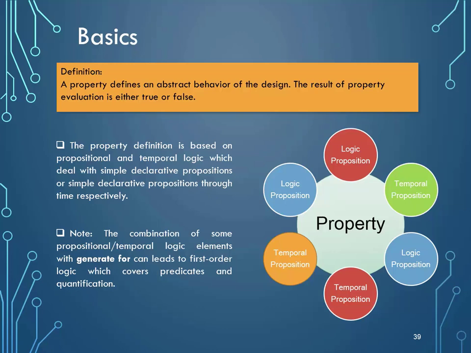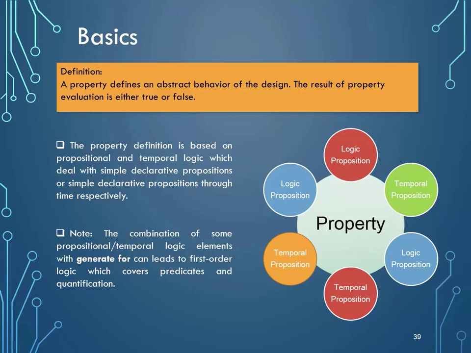So property definition is based on propositional and temporal logic, which deal with simple declarative propositions through time respectively. What we have to keep in mind out of this definition is that we used propositional and temporal logic, okay, which will help us to define the implications of the property. That's what we have to keep in mind.